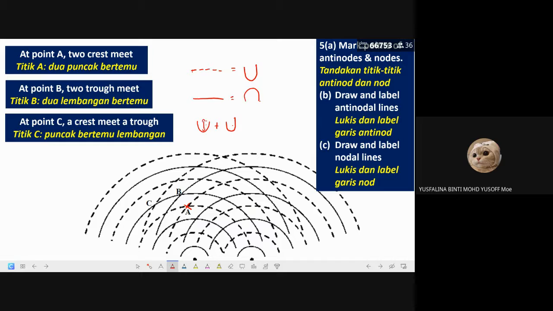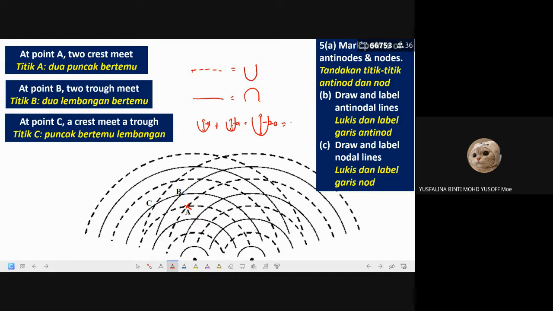This one has amplitude negative A, and this one is negative A. So by using the principle of superposition, this should be negative 2A.